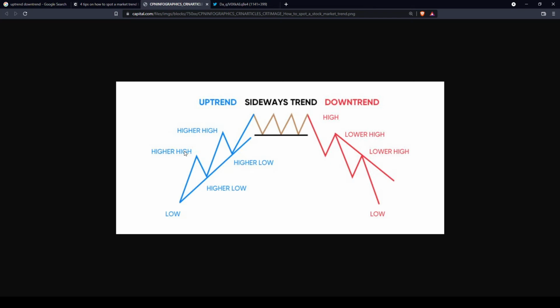If you are in a downtrend, you could think maybe I should just sell instead of enduring all these lower highs and lower lows, seeing the price go down and down. While in a sideways trend, this information is not enough to really tell, because after a sideways trend, you could be going up or down.